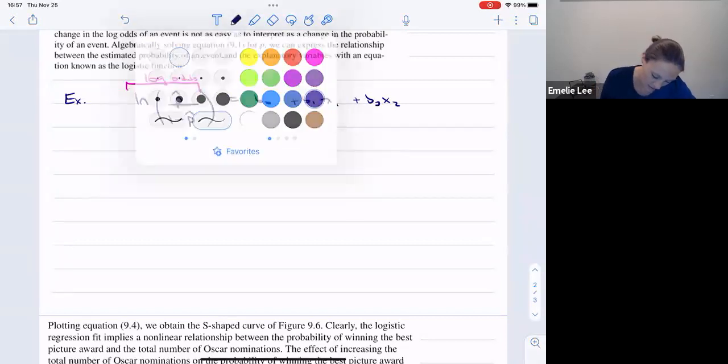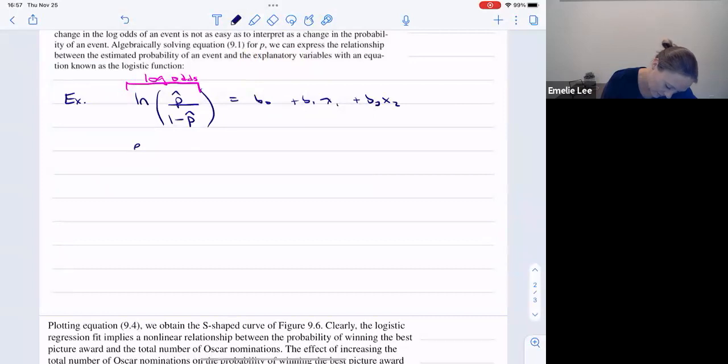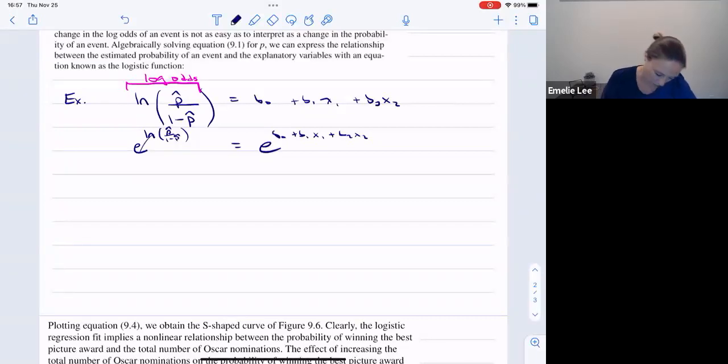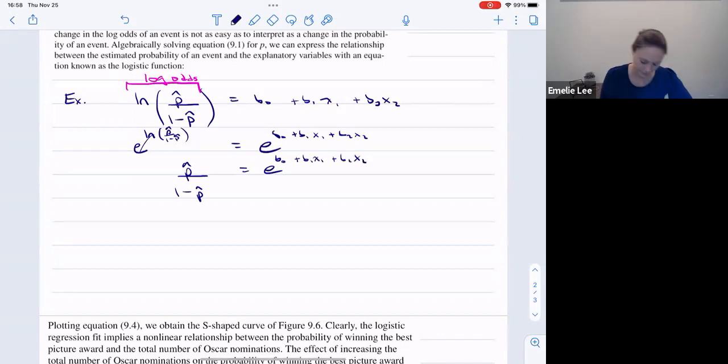So we can raise both sides to the power of e: e to the ln of p hat over 1 minus p hat, a little bit sloppy there, equals e to the b0 plus b1 x1 plus b2 x2. This goes away, right? And so what drops down is p hat over 1 minus p hat is e to the b0 plus b1 x1 plus b2 x2.